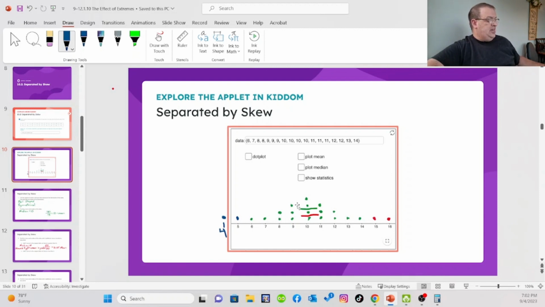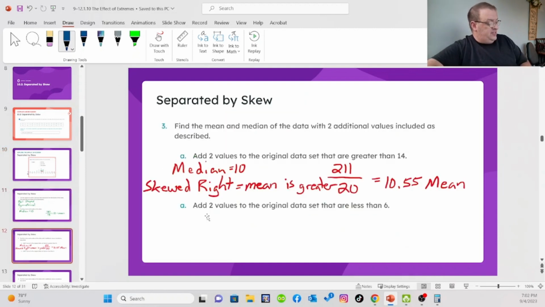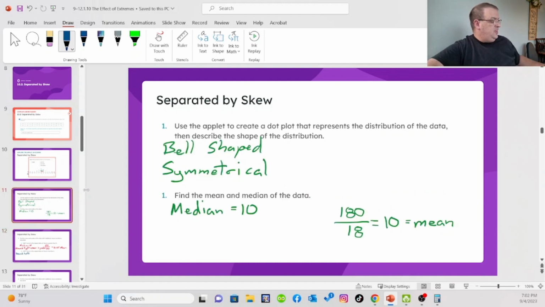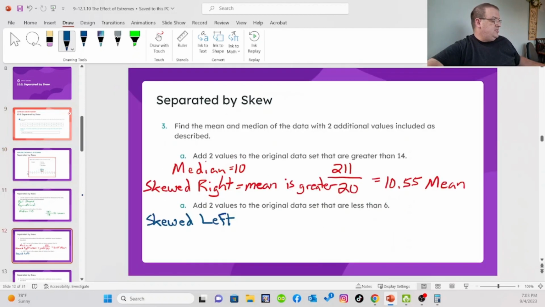So now we would say that we have skewed left because our data or our tail is to the left. We now have more points to the left. So instead of our median moving 1 point to the right, our median is going to move 1 point to the left, but it still ends up being 10. So our median has not changed.